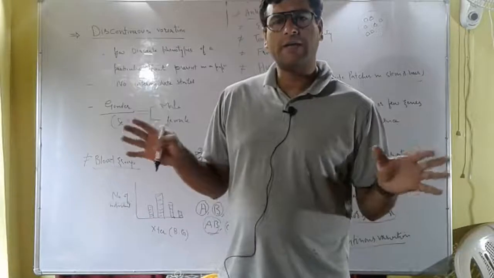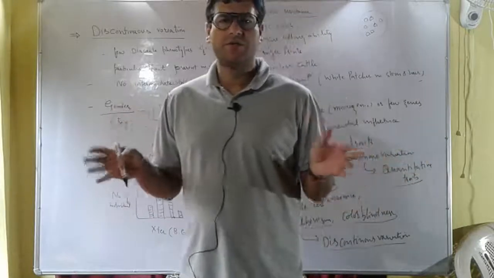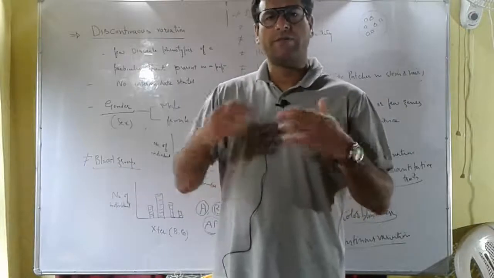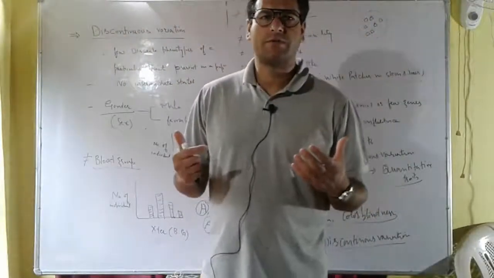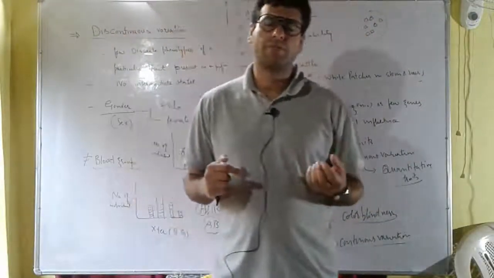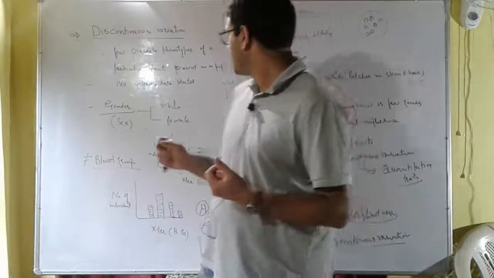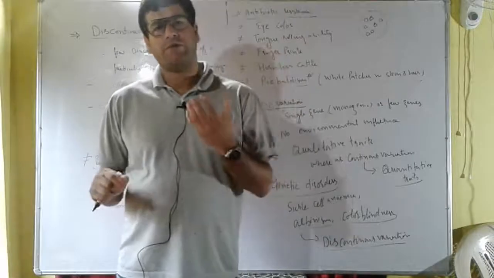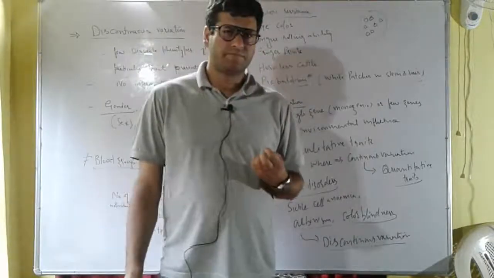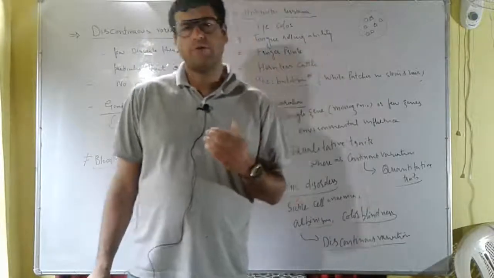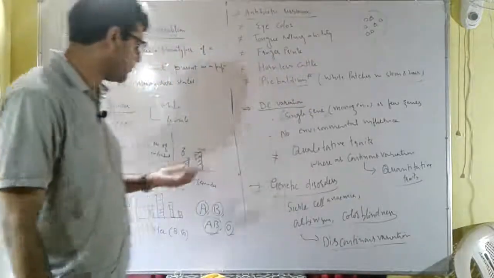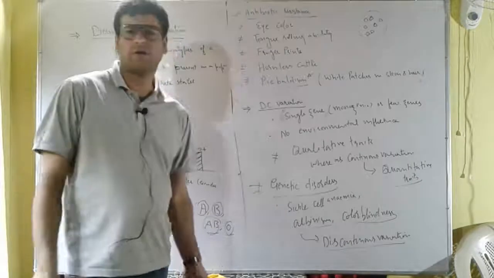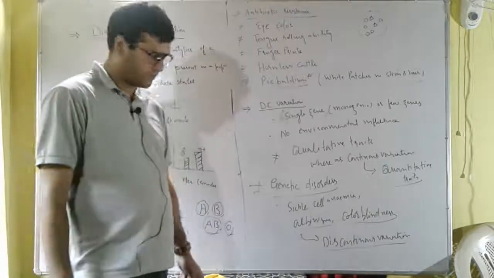So in discontinuous variation, we have few discrete phenotypes of a particular trait in a population. Genetic disorders like sickle cell anemia, albinism, color blindness are examples of discontinuous variation.